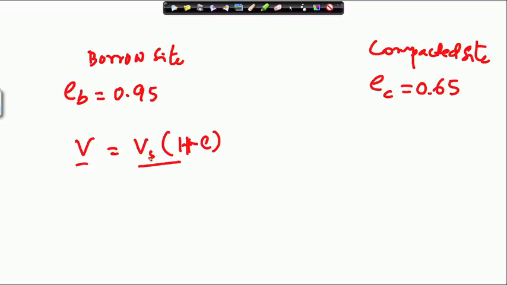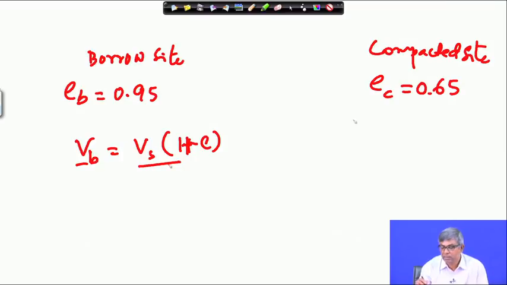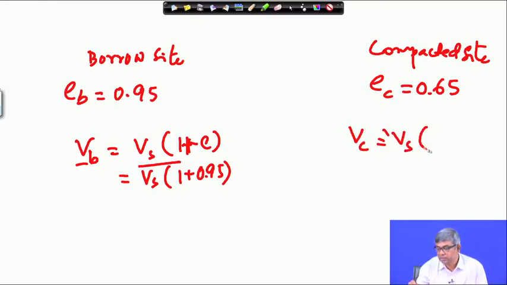So, I can write Vs into (1 plus E) in this form. Similarly, Vb will be Vs into (1 plus 0.95), and here I can write Vc will be equal to Vs into (1 plus Ec), and this is Eb.